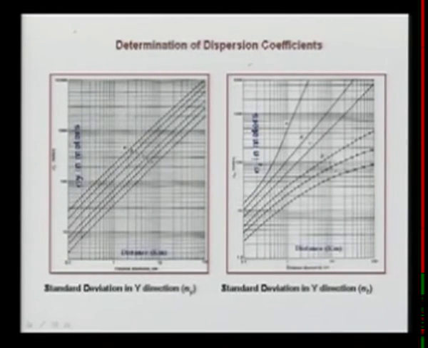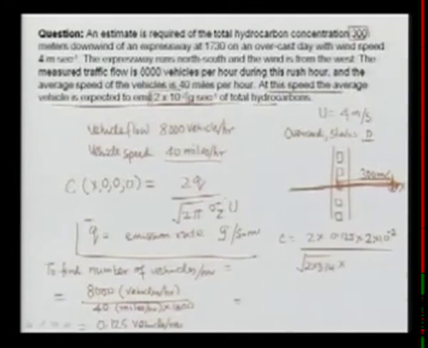So I go here, keep going along this line till I hit the D curve. Going this way, this comes out to be 12. So we go back to our calculation, and sigma z was 12.